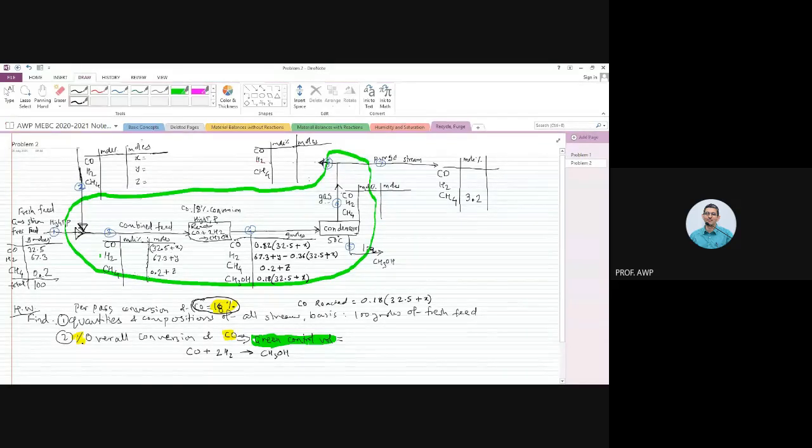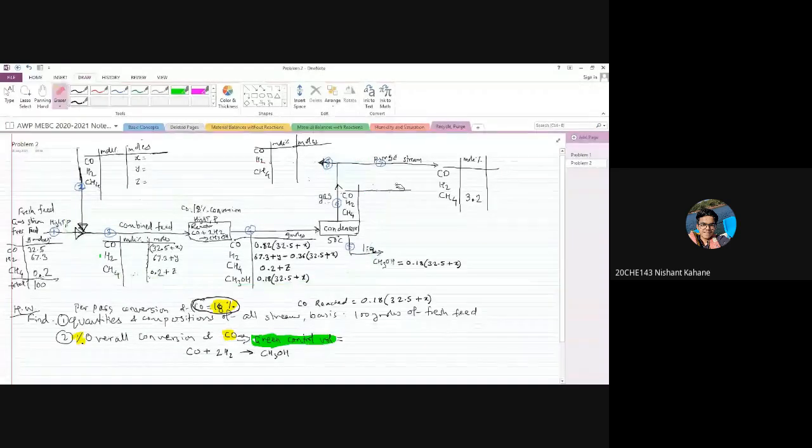Anybody has any issues? Now all the methanol is going to be separated. So this methanol formed would be 0.18 multiplied by 32.5 plus X. All right, now go ahead.